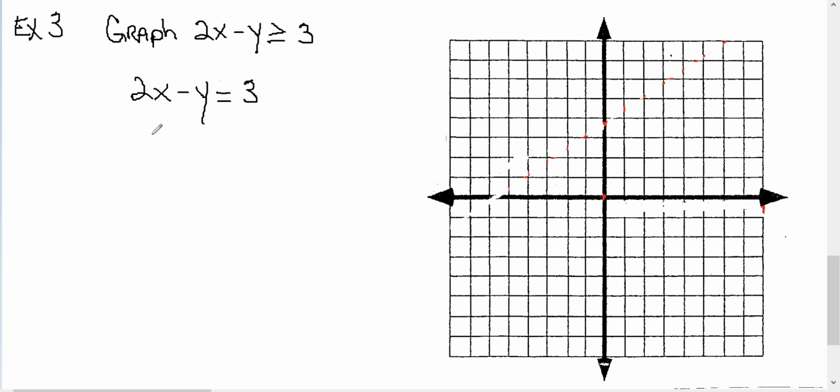There we go. And graph this equation. So let's see, how about I subtract 2x from both sides.